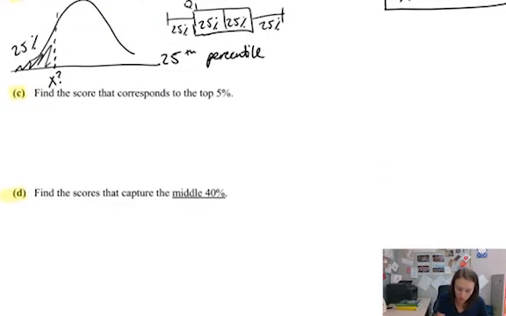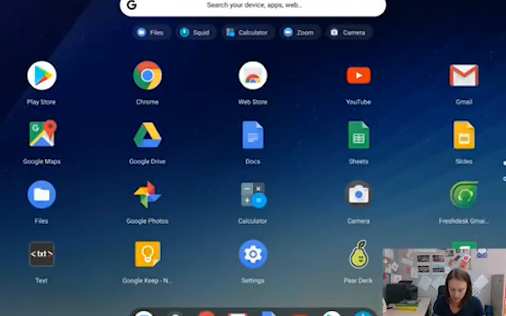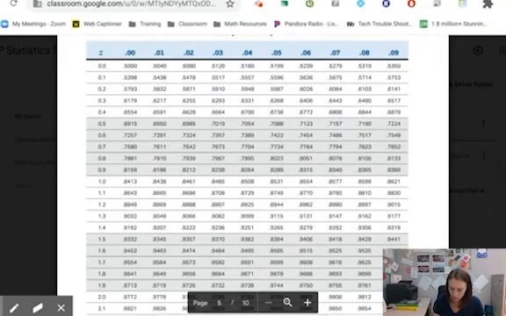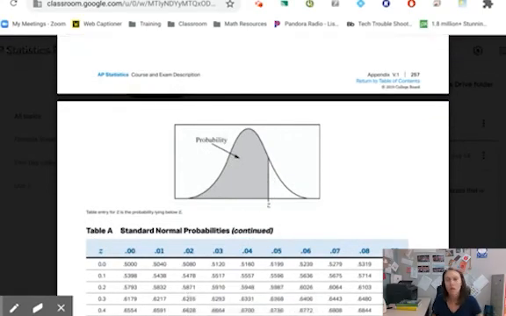The z-score that corresponds to the top 5%. So top 5% means 5% this way. And I want that value. But if you look at all the pictures on the z-table, all the shading is lower. So all the probabilities and the area values are all the amounts shaded below that value.